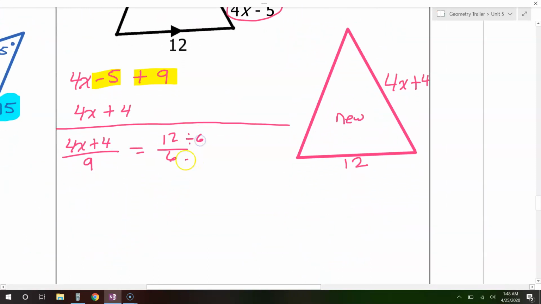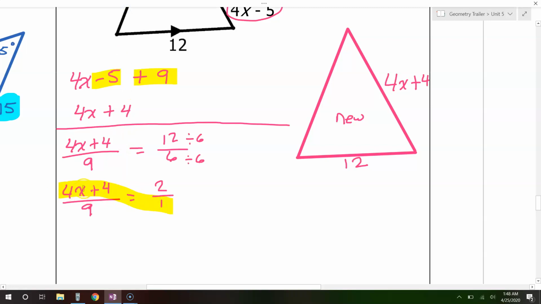Both of these are divisible by 6, obviously. So reduce those to make the calculations easier to do. So this will reduce down to 2 over 1. Okay, that's going to just be a lot easier to multiply when I cross multiply.